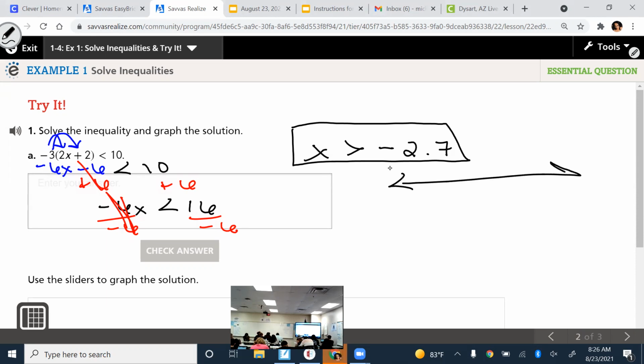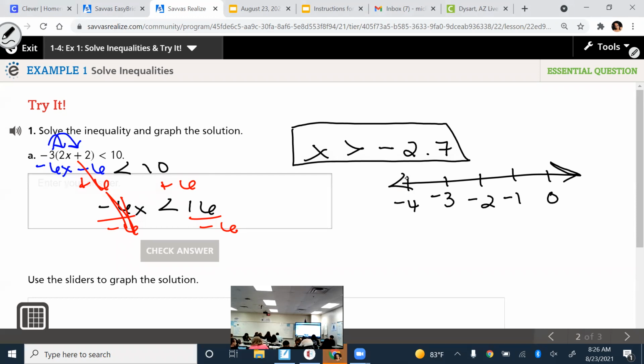The other part is to graph it. So we want our answer to be included on our number line. That number is near negative 2, so I'll start there. If I'm counting forward, what numbers go to the right? So like negative 1, and to the left would be, good.